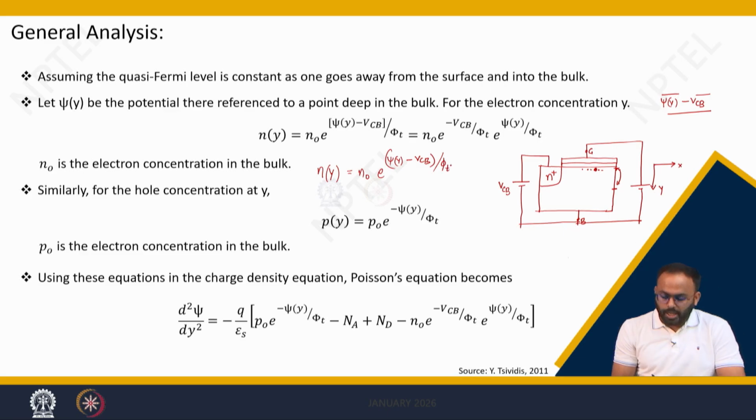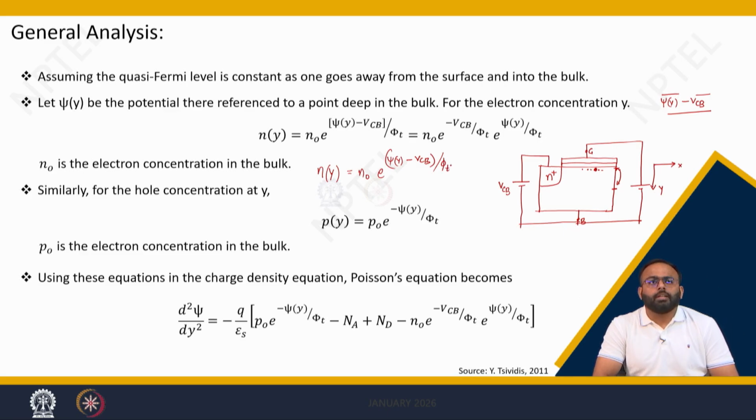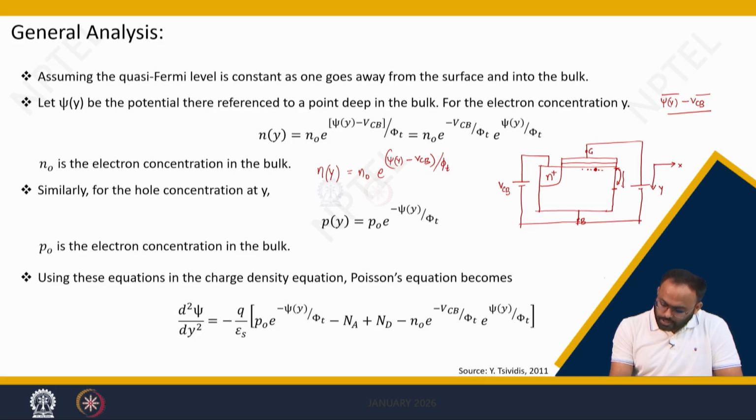phi t. If you remember, we have done the general analysis for the electron concentration in the 2 terminal structure, where we said that this is the surface potential, or the potential which is responsible for the electron to come to the surface, and at that moment we wrote n y as n naught into e to the power psi y by phi t, which gives that the electron concentration here will be higher compared to the bulk concentration.